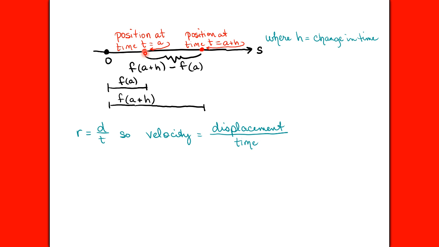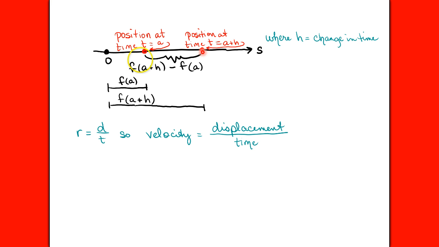Maybe time is 3 or time is 5 or time is 17. I go a little further down and I can let h represent the change in time. So if I start at a and I change my time by h, then I start at a and add h to it, and that would be my position at time t equals a plus h.